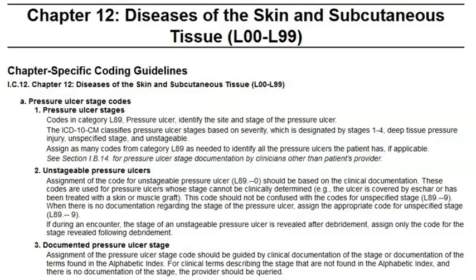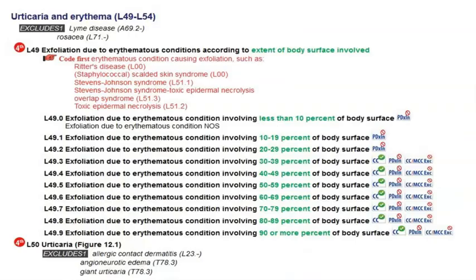Now we're going to cover the tabular. In the AAPC coding manual, the chapter-specific coding guidelines are outlined at the beginning of the chapter in the tabular. In this situation, it would be chapter 12. Let's look at the symbols to help you identify when additional characters are required. Look at the red circle.